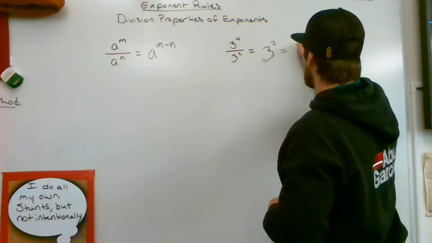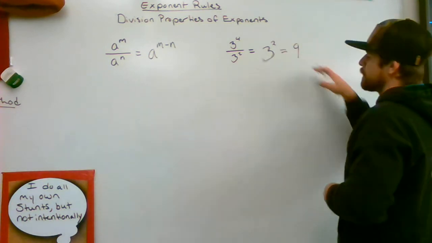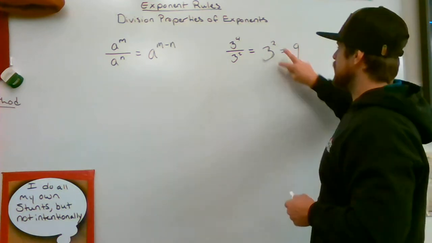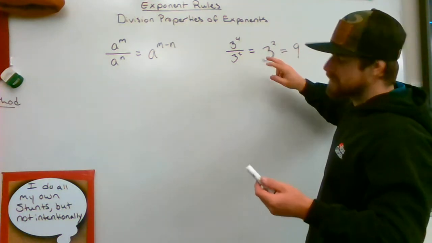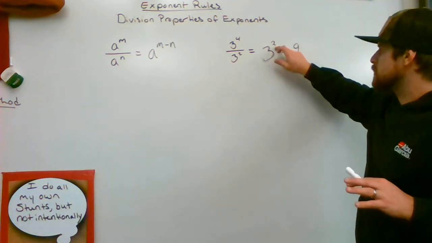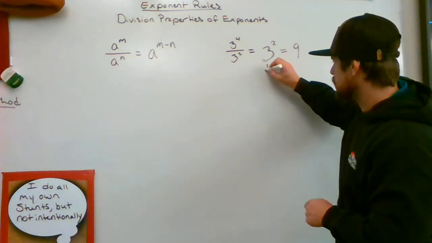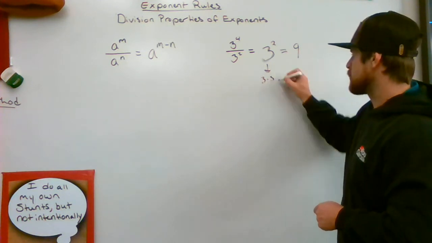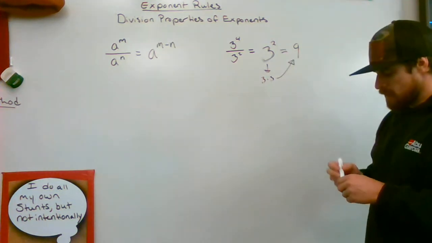So my most simplified answer is going to be 9. 3 times 3, which is 9. Sometimes I'll see kids say 3 squared equals 6. It doesn't equal 6. It's not 3 times 2. This means 3 times 3, 2 times, which equals 9.